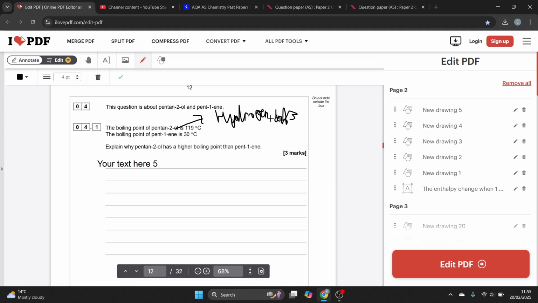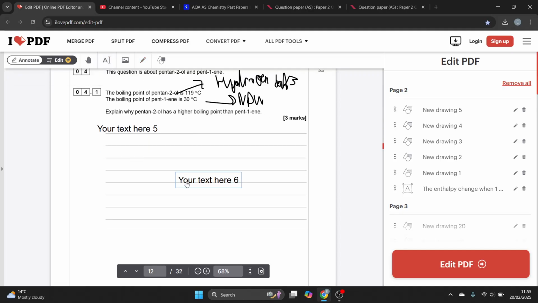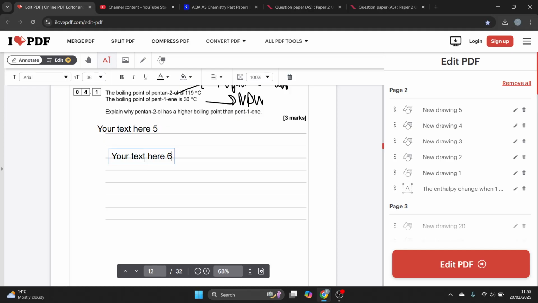Pent-1-ene: van der Waals. And now I've set the footprint of exactly what I need to say. It's very simple, these types of questions. You just need the key facts.